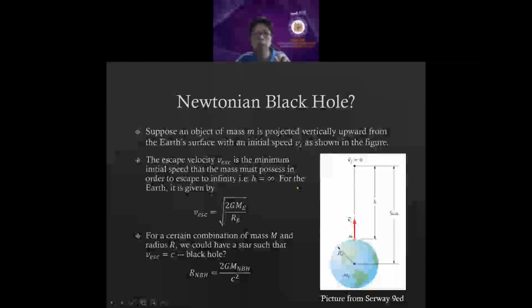The crucial difference is that with a black hole in GR, nothing can escape, even if that thing accelerates very hard. It wouldn't be able to escape. We'll see why in a moment.